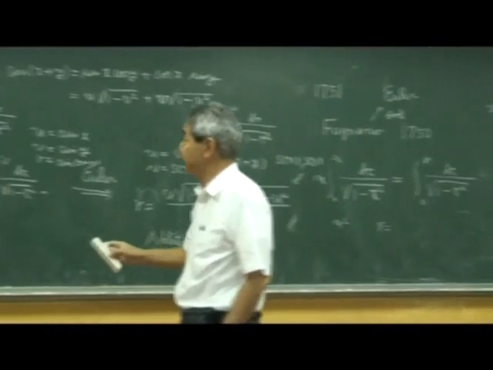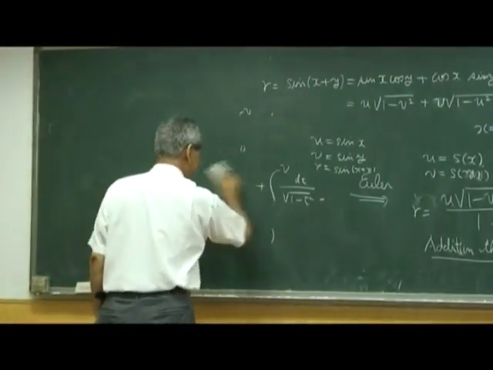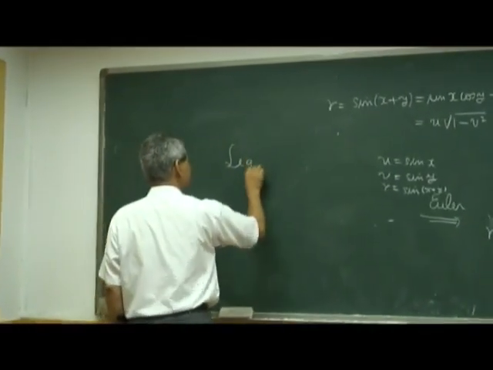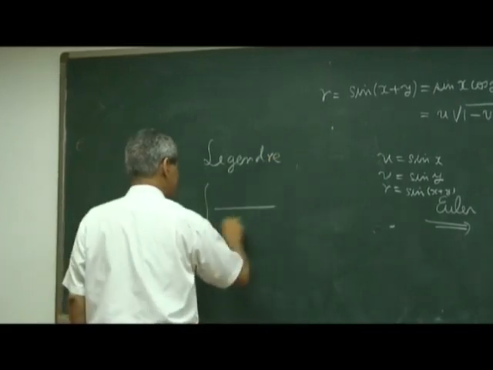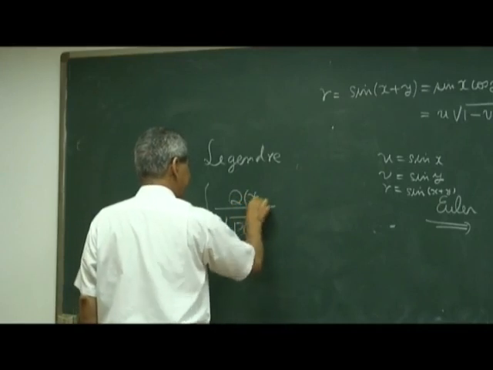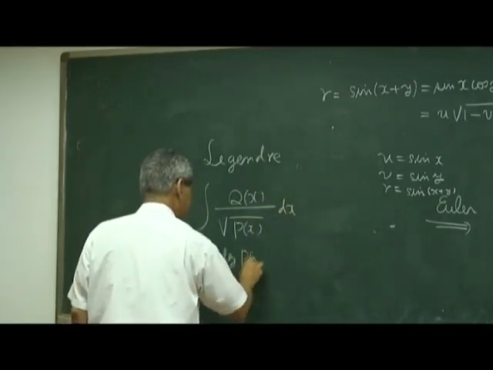And before Abel, the French mathematician Legendre really studied such integrals where the degree of p(x) is 4.